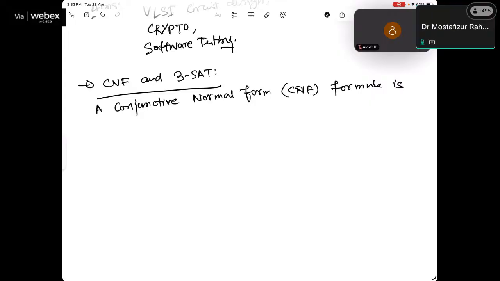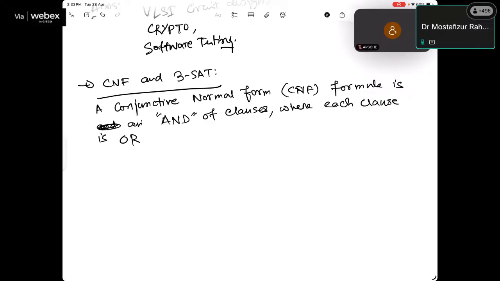Conjunctive normal form is basically a formula that is an AND of clauses, where each clause is an OR of literals.